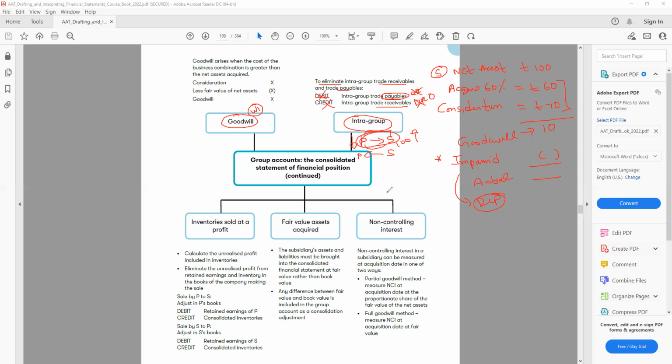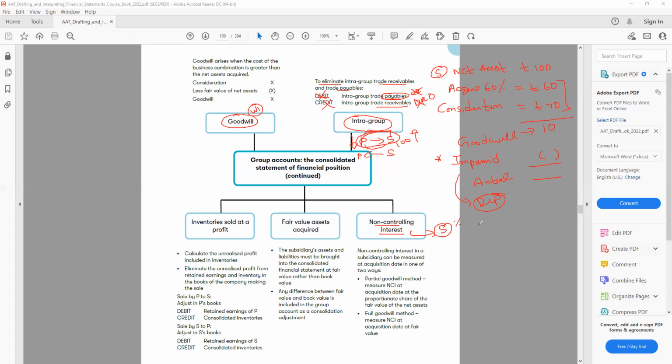The next one we have here is called NCI, non-controlling interest. We used to call it minority interest before 2014, but now we call it NCI or non-controlling interest. Here we look at the interest for the subsidiary, how much interest the subsidiary has. How do we calculate that?